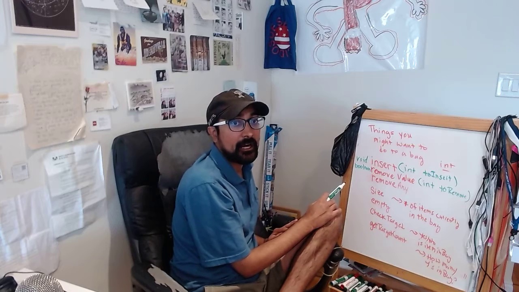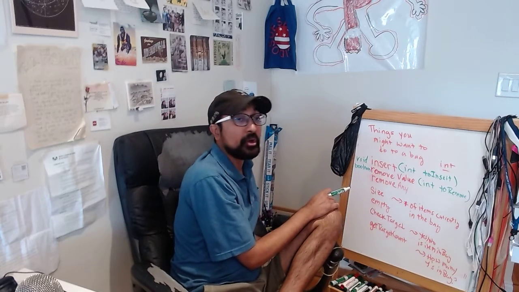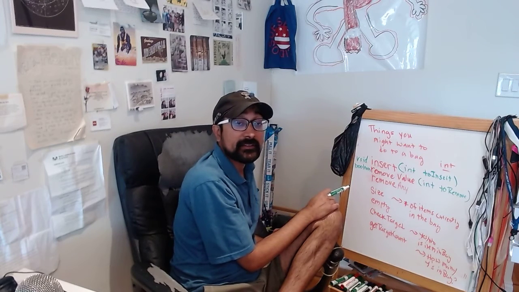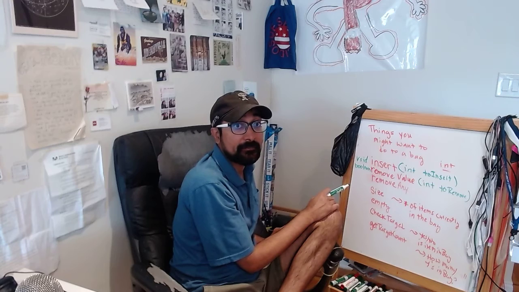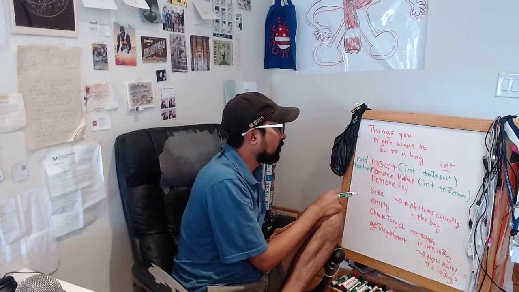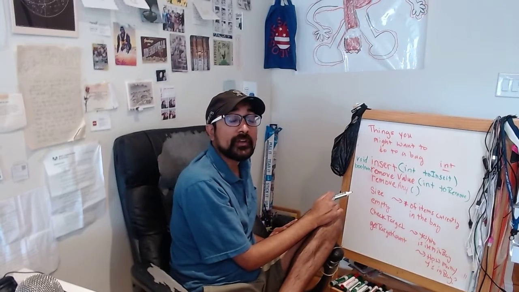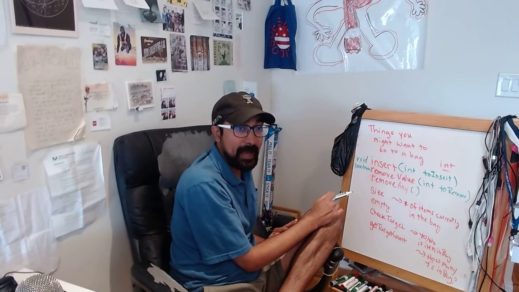Now we have remove any, which just removes any value. Since it's an unordered bag, it can literally remove whatever value it wants to. And we're not going to pass in anything here. Now, what if you try to remove from an empty bag?